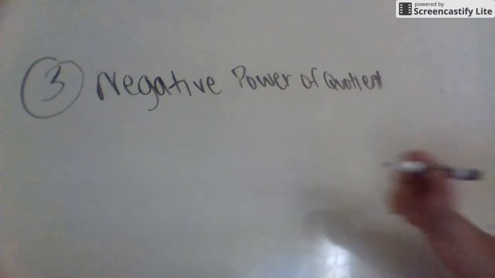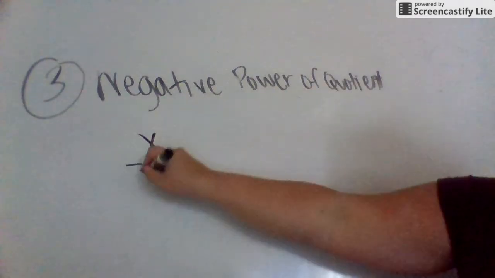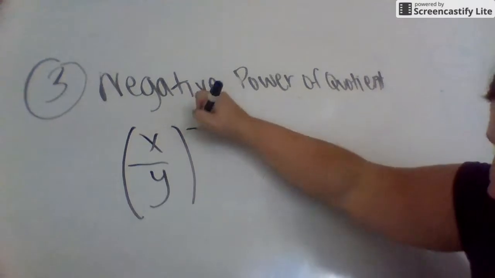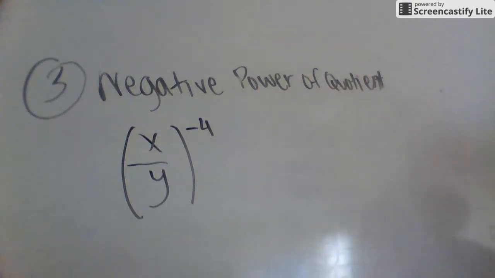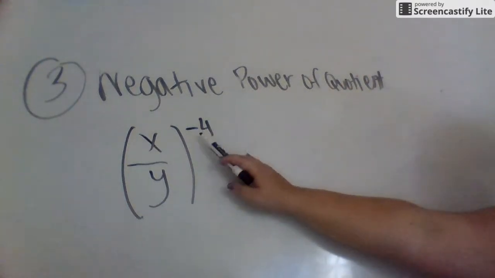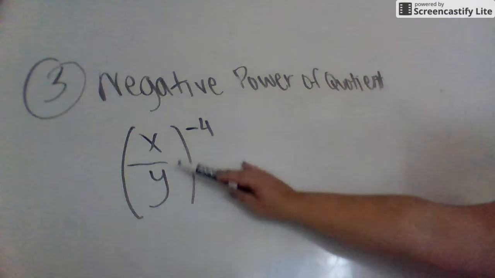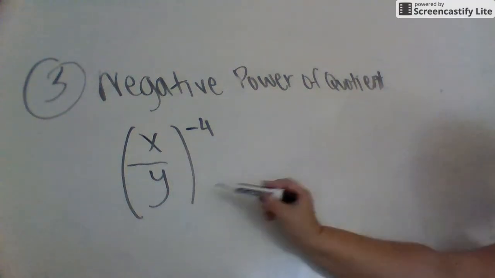And in this one, we'll have something like x over y raised to the negative fourth power. So whenever we have a negative exponent, we usually have to move it to make it positive. So if it's in the numerator, I'll move it to the bottom to make it a positive.